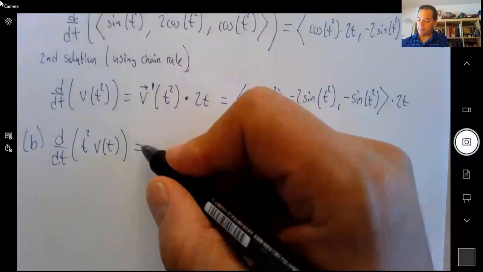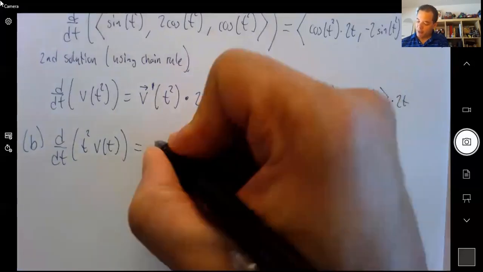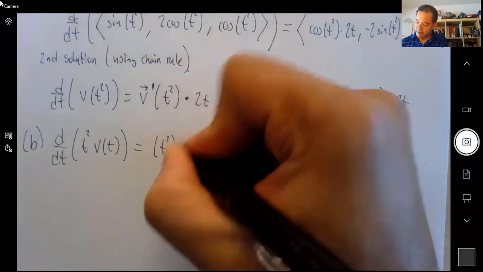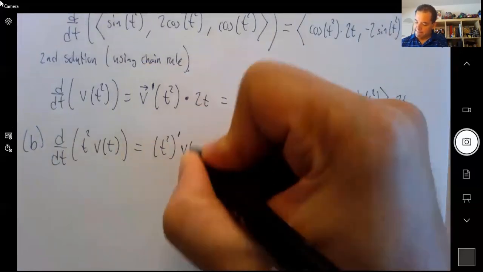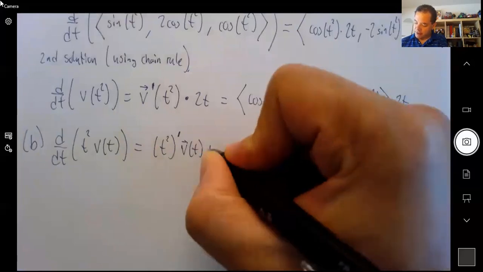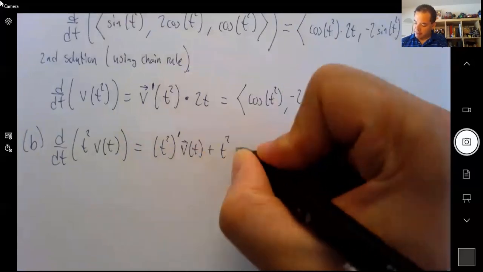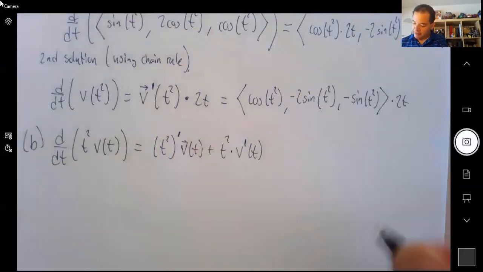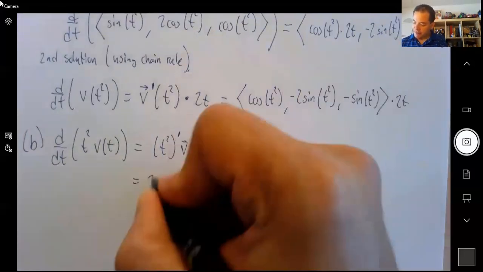The new way is the product rule. So the product rule would be the derivative of t squared times v plus t squared times v prime, right? And then the derivative of t squared is 2t, that's easy.